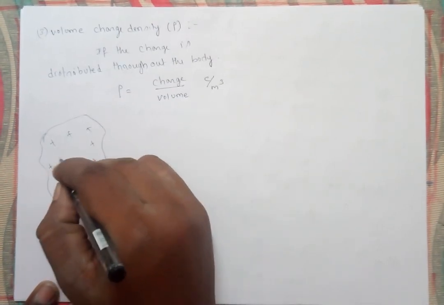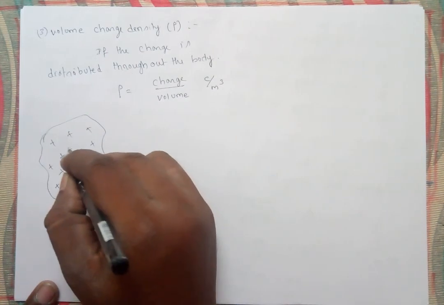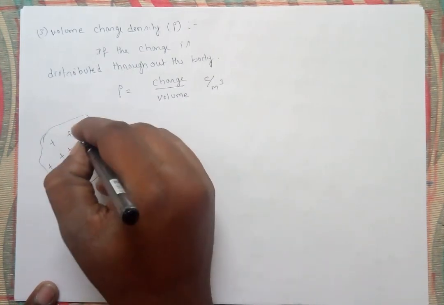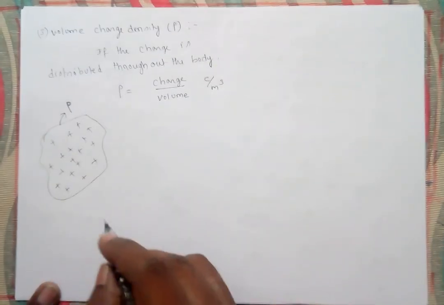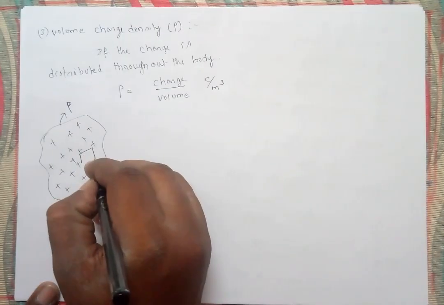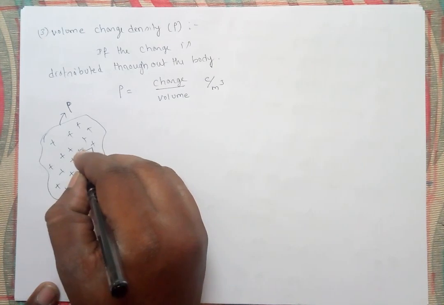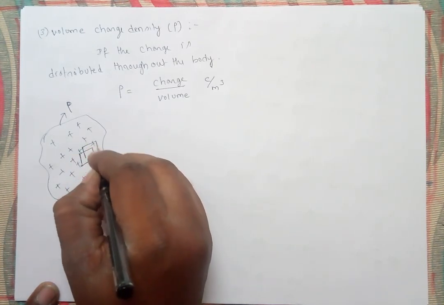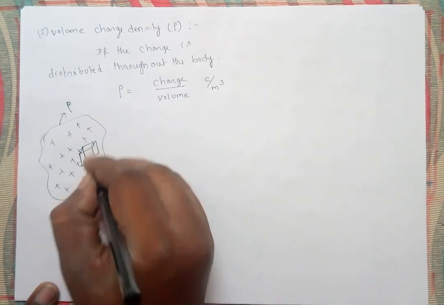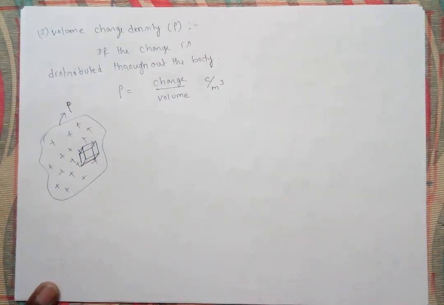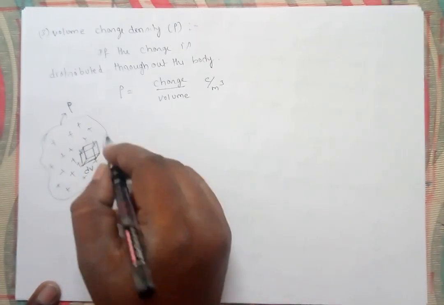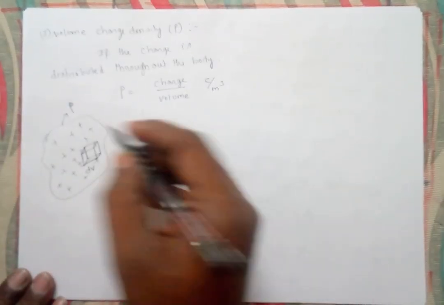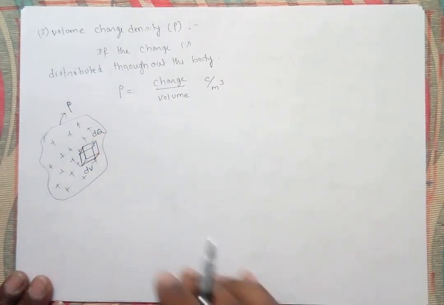If this body has charge, and the charge is uniformly distributed, and the charge density of this body is rho, then if you take a small volume part here, that volume is dV. How much charge it is having, we don't know, so we take it as dq.